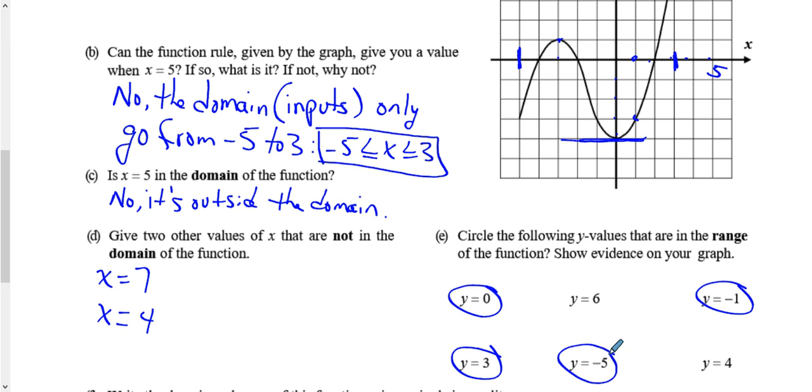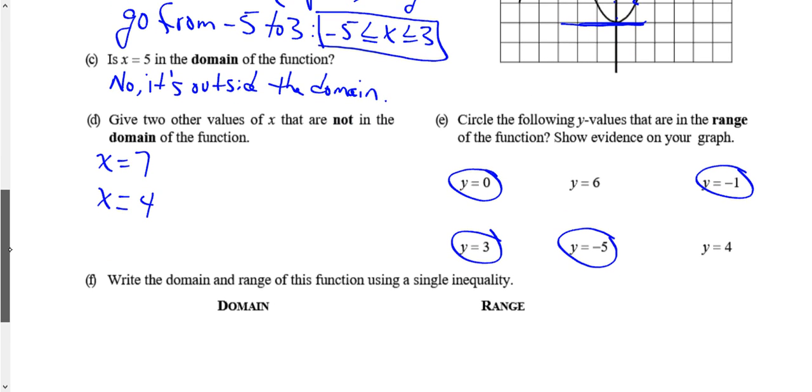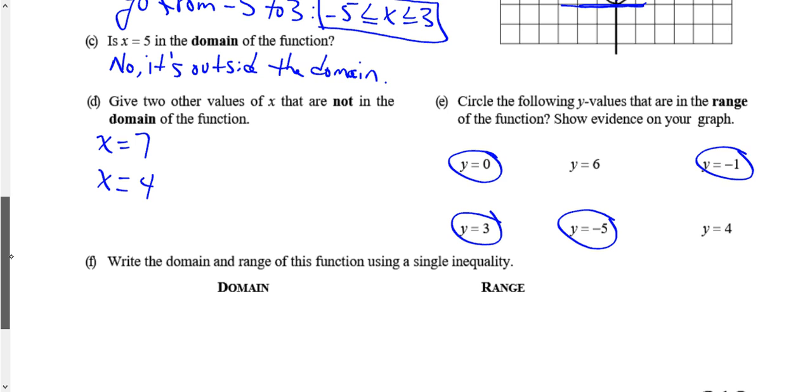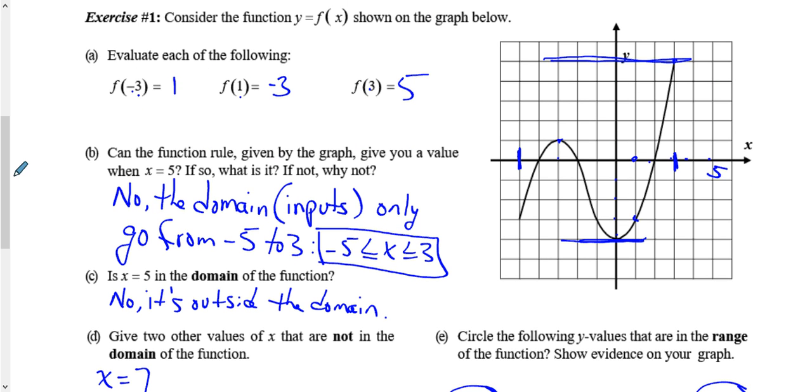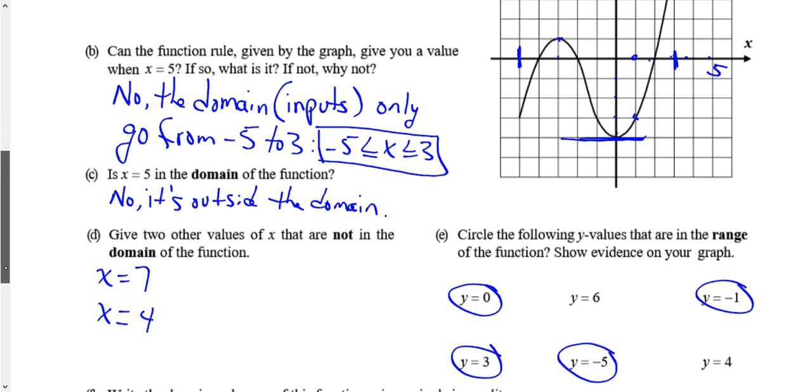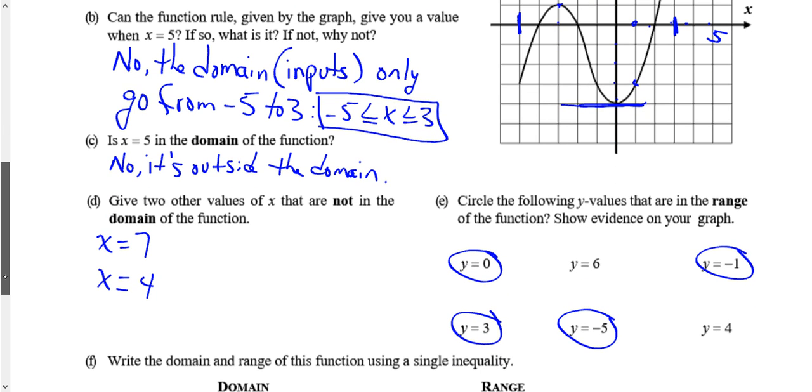No, because what is the domain? I'm sorry, what is the range? -5 up to here. Wait, wouldn't 4 be in there?